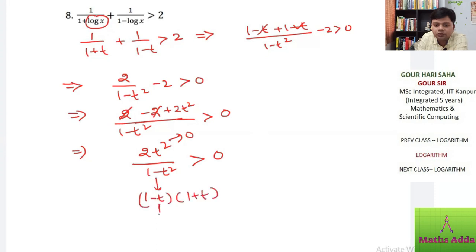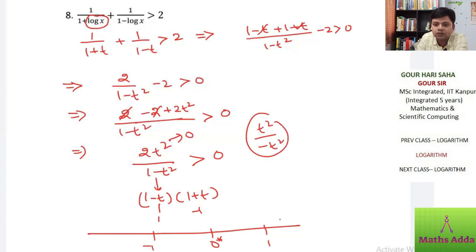So critical points are 1 and minus 1, number line: minus 1, 0, 1. And one thing, it is t square, so star at 0. Then look at the highest power of t, it is t square, below it is minus t square, so it is negative. You should start with negative, then positive, it should continue with positive, and then it's negative.